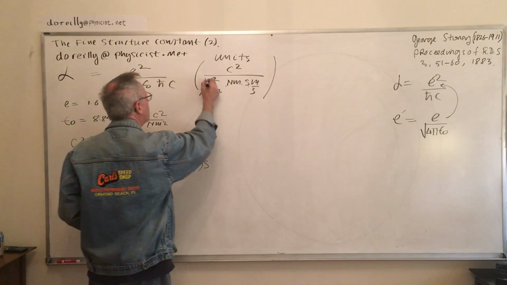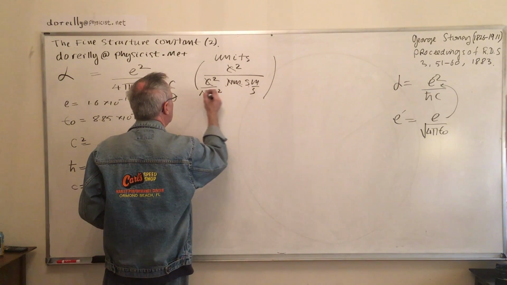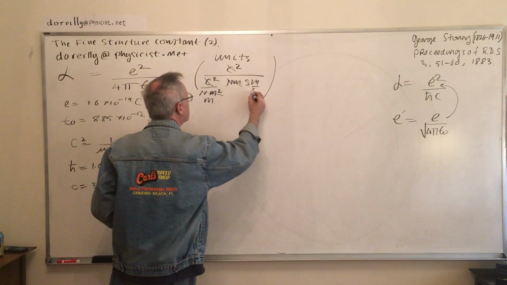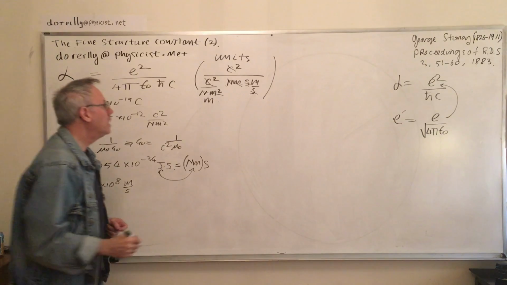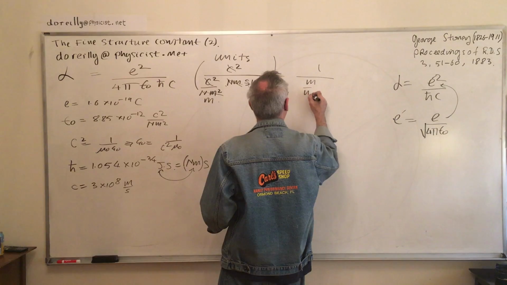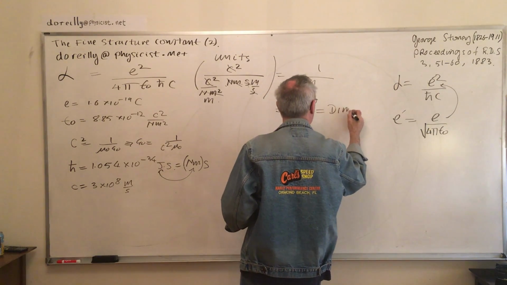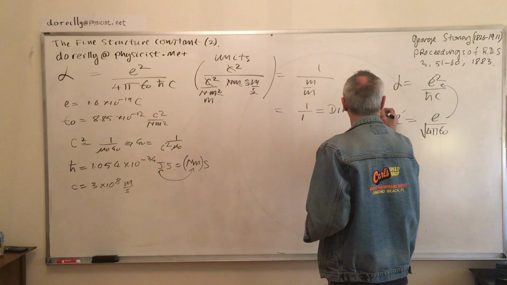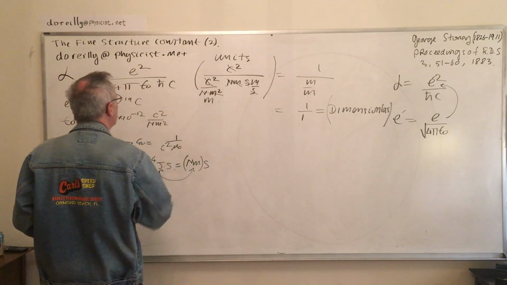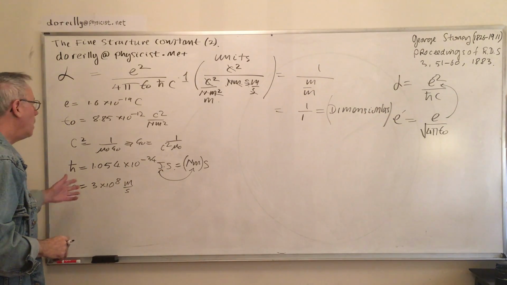The c's cancel, the newton meters cancel, and the seconds cancel. What have I got? I've got 1 over 1, which is dimensionless, so just 1. So that's for the units.